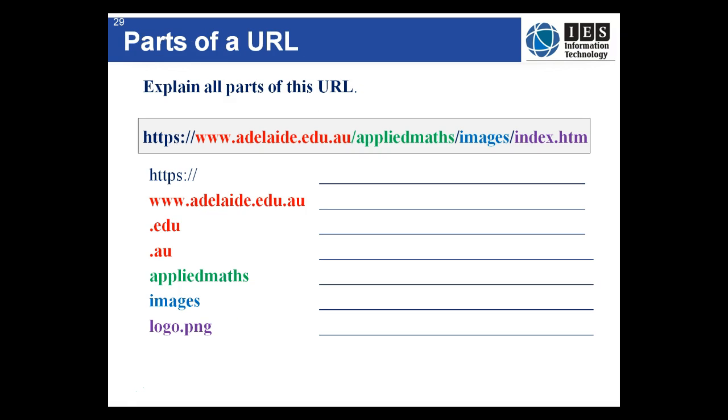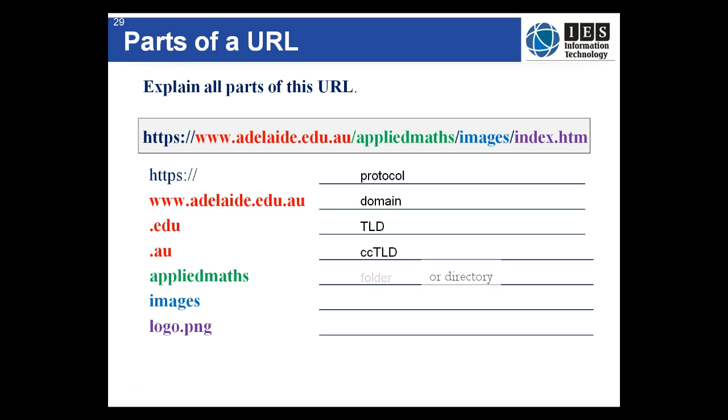So let's identify each of the parts of the following URL. HTTPS is the protocol. www.adelaide.edu.au is the domain. .edu is the TLD. .au is the ccTLD.